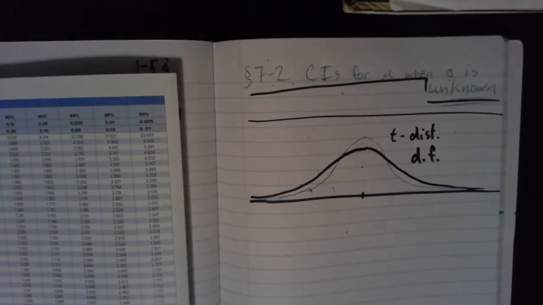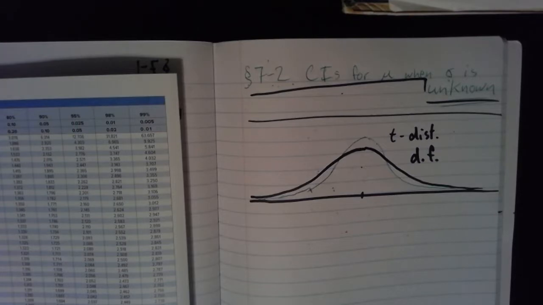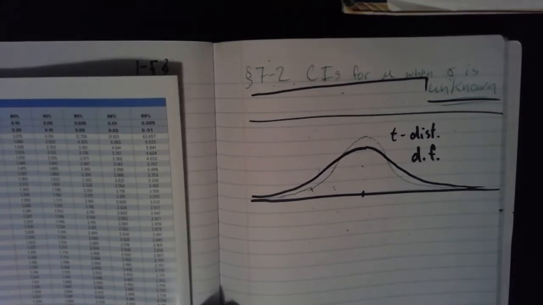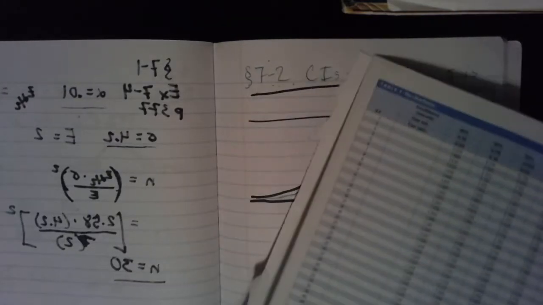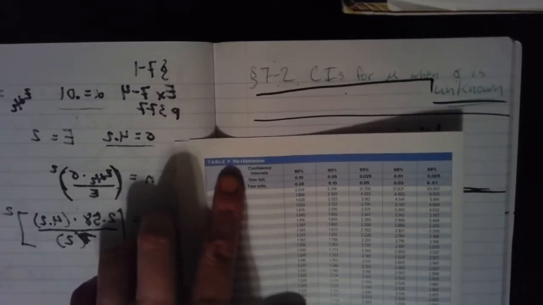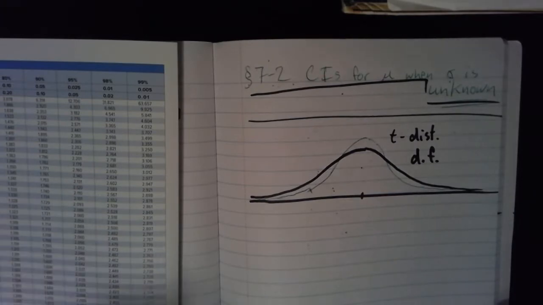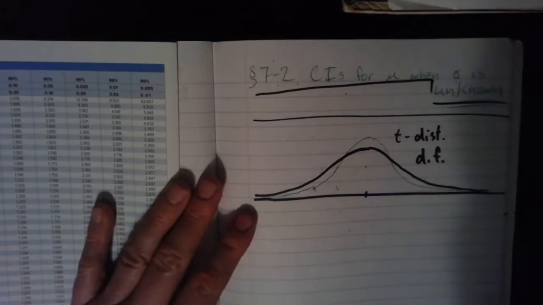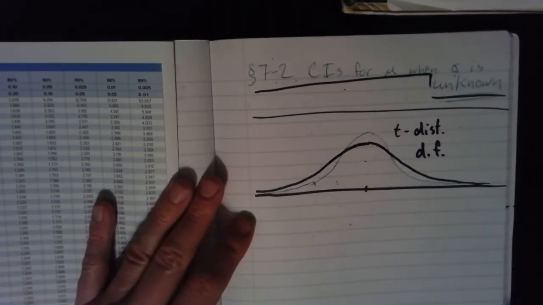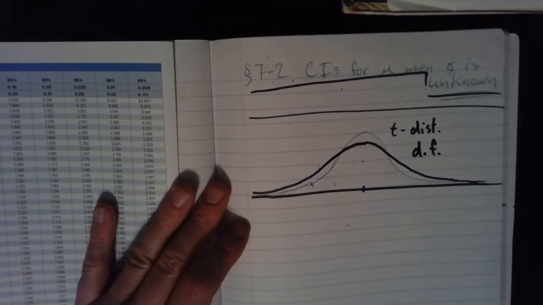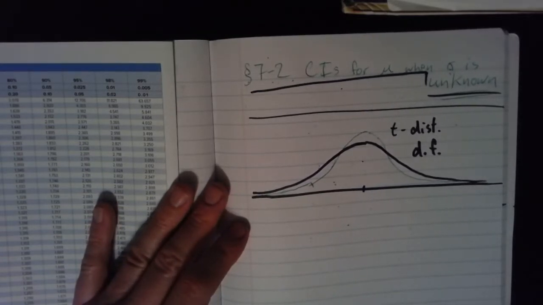So let's just go into a simple example of how we use the T distribution table. Okay, so I have here a handy pull-out copy of Table F. This is located at the back of the book, and there are numerous locations online where you can bring up a copy of the T distribution.